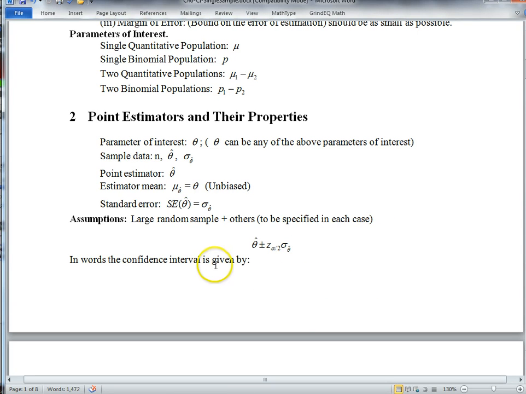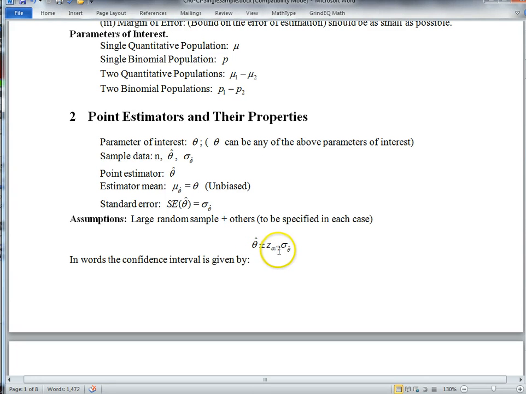Okay, so our interval estimator is going to have the point estimator plus or minus this quantity. We're going to talk about z alpha over 2. If you remember, in the chapter on the normal distribution we talked about those critical values z alpha.